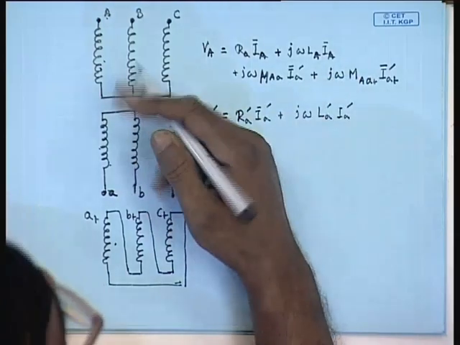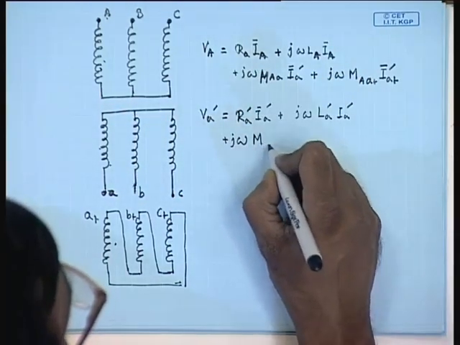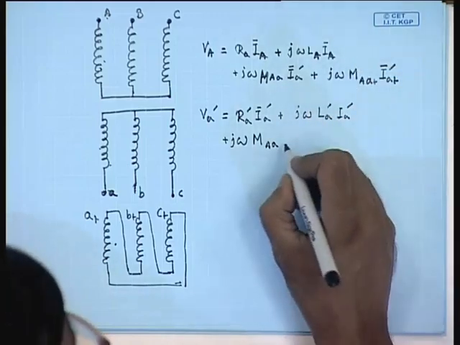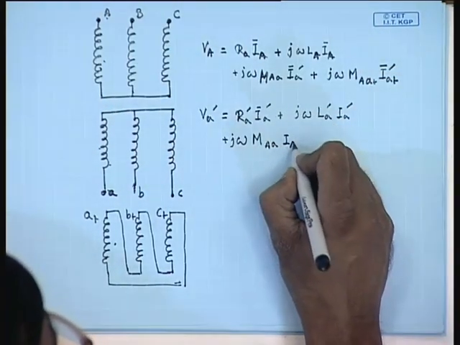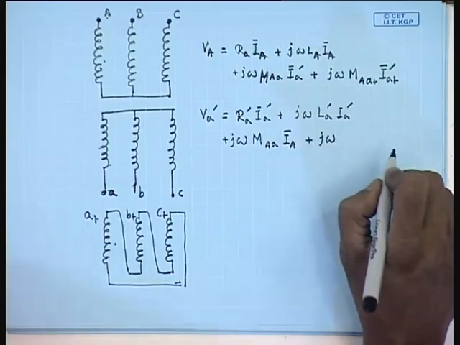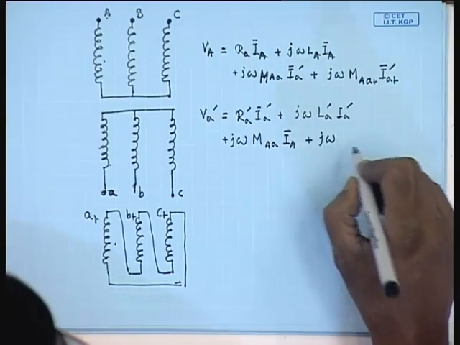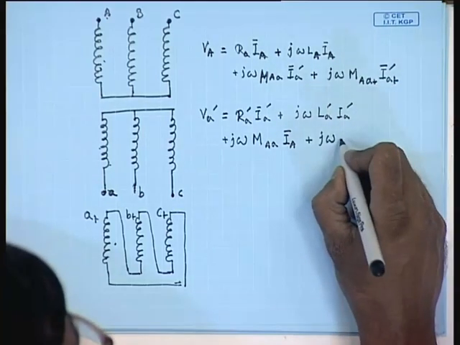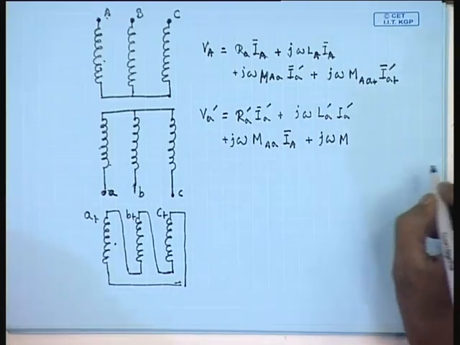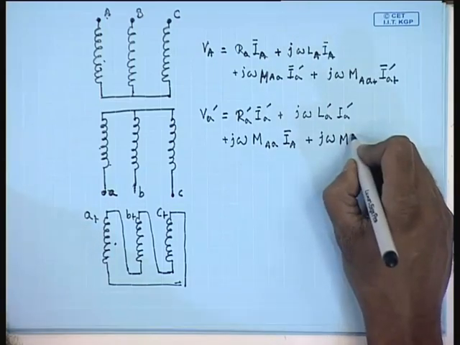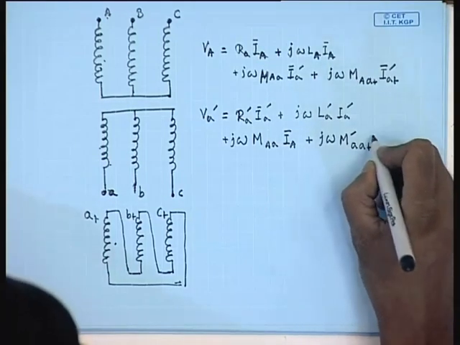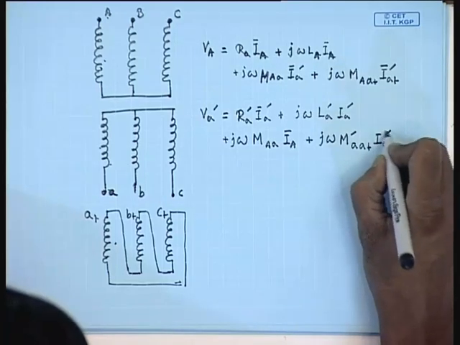Now, this being symmetrical, this will still be M A I A, plus j omega M dash A T I A T dash.